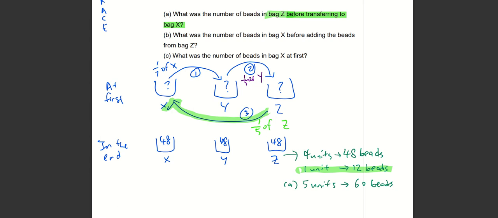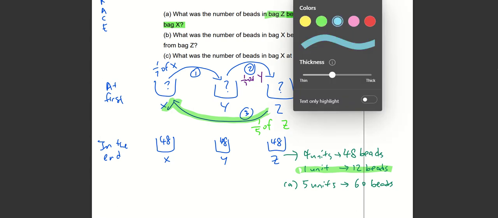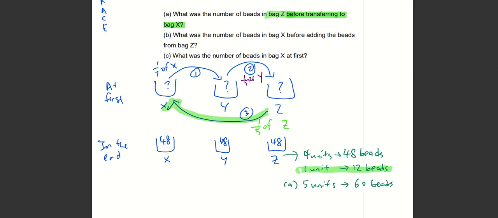Look, question B, also very kind. See, it asks you, what was the number of bits in bag x before adding the bits from bag z? Can you see that? So actually the question is very helpful. It just directs you back step by step, back to step 2, back to step 1.